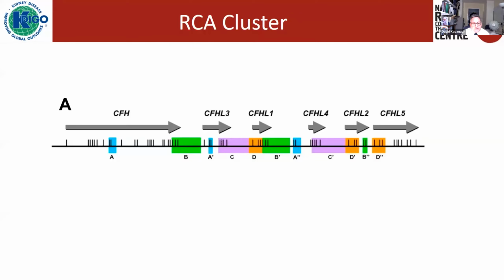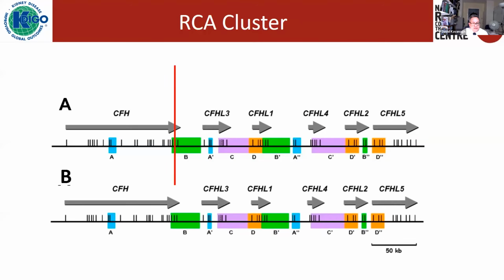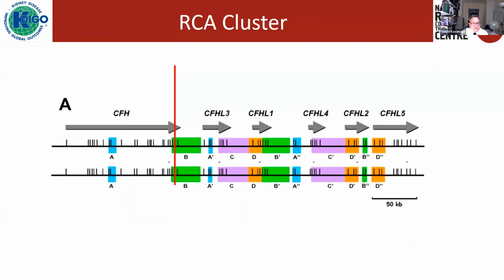This is the RCA cluster, and this is your factor H gene here and your other factor H related genes. And you see areas of high homology in these colored boxes. Now, when you have a double-strand break, what you would ideally like to see is your other allele acting as a template to repair the broken strand.